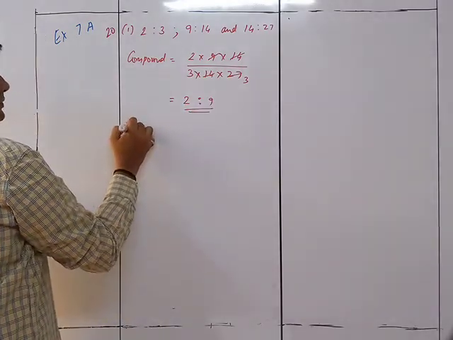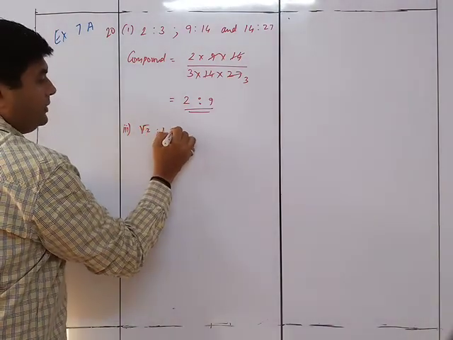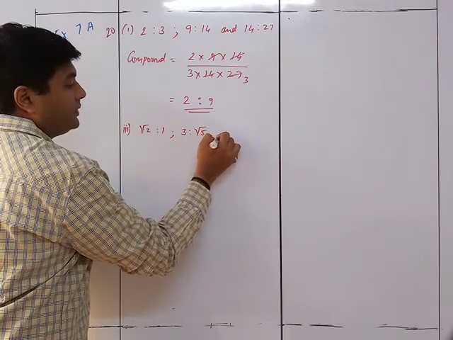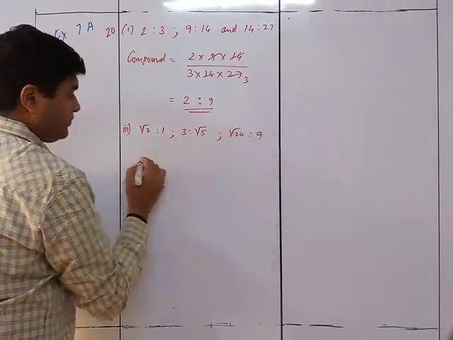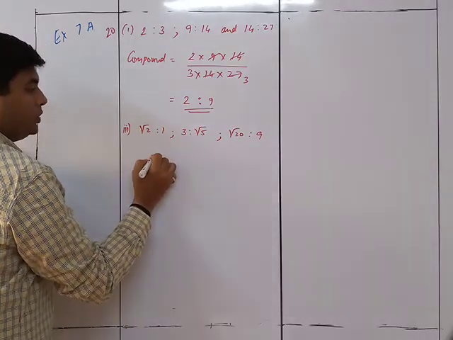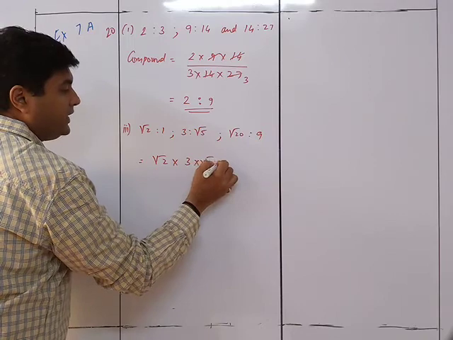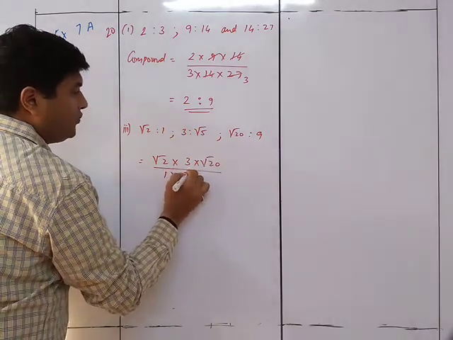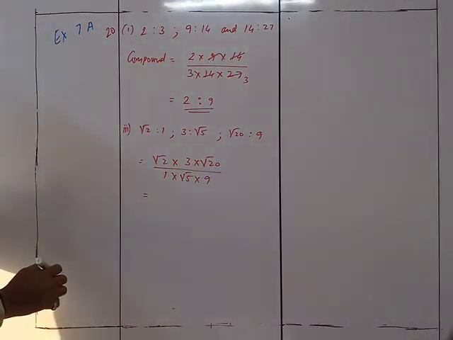Try the third one. Root of 2:1, 3:5, and third one is root 20:9. So that is equals to root 2 into 3 into root 20 upon 1 into root 5 into 9. Right?